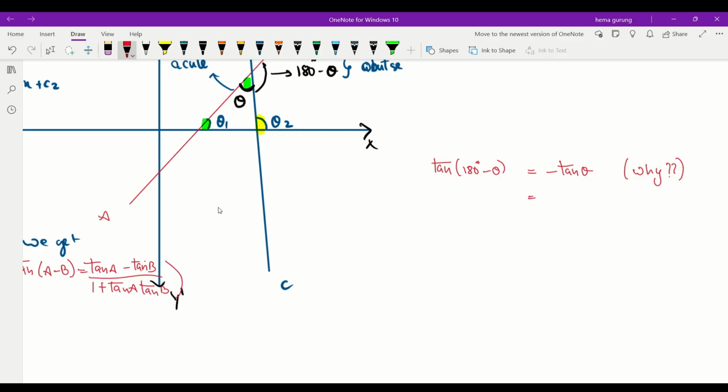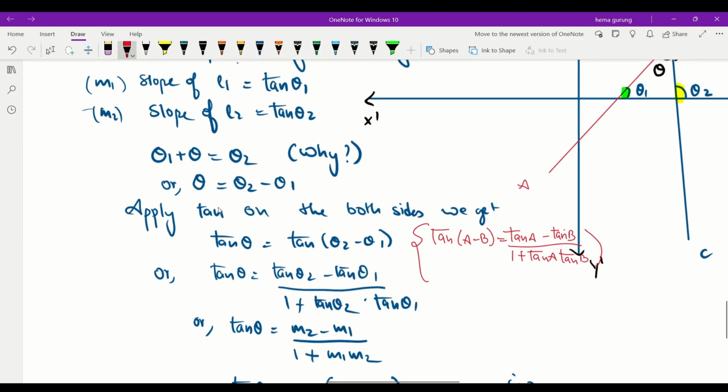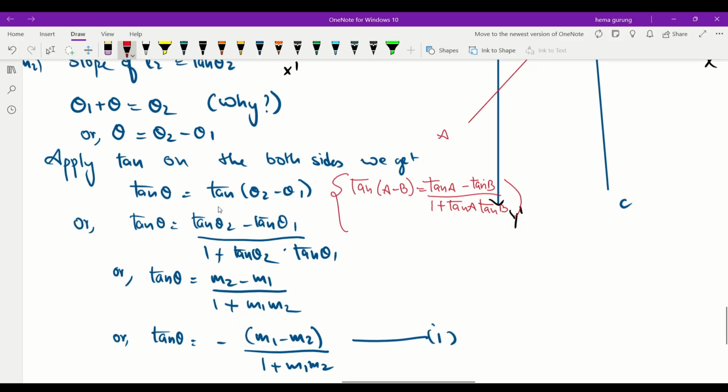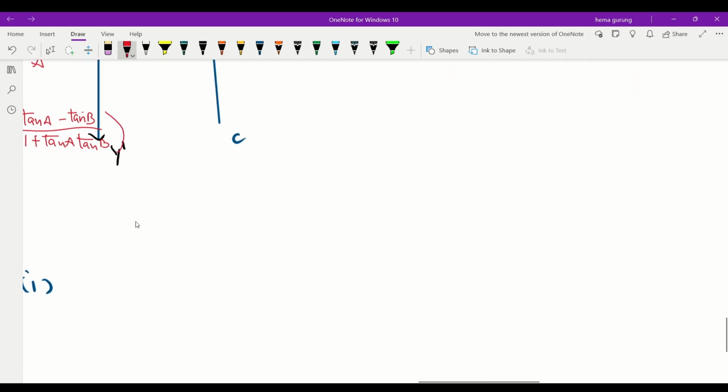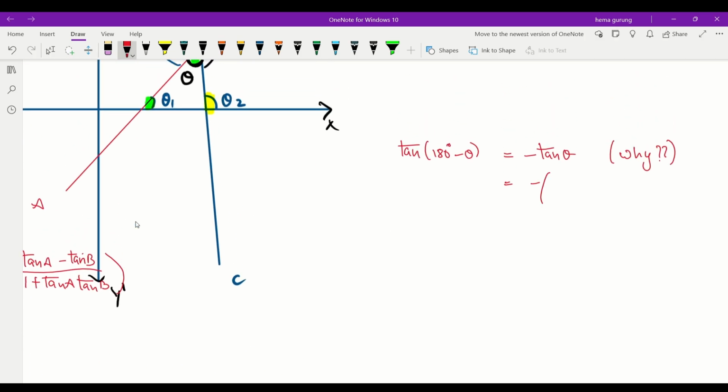And don't forget, from equation 1, tan theta is (m1 minus m2) divided by 1 plus m1 m2. So I'm going to substitute the value there. It will be minus (m1 minus m2) divided by 1 plus m1 m2. Let's name this equation 2.